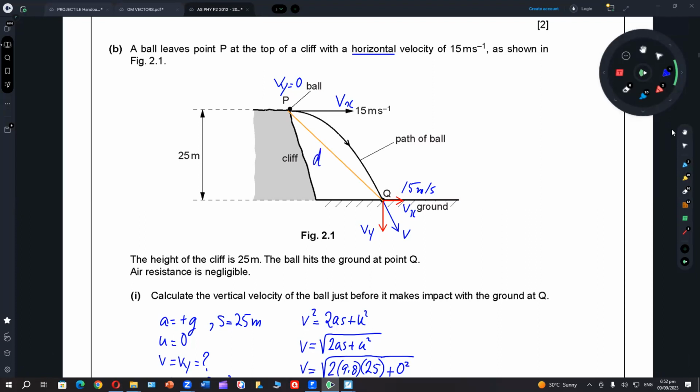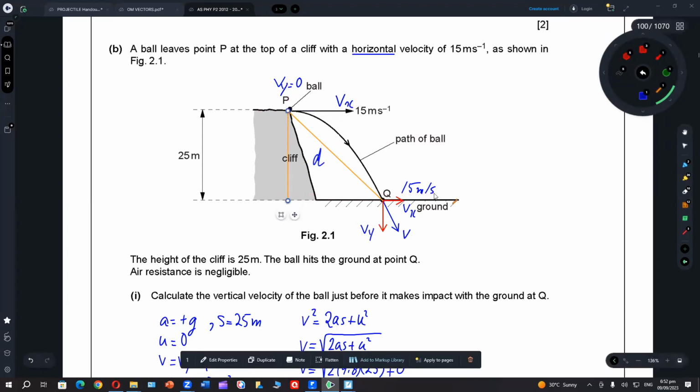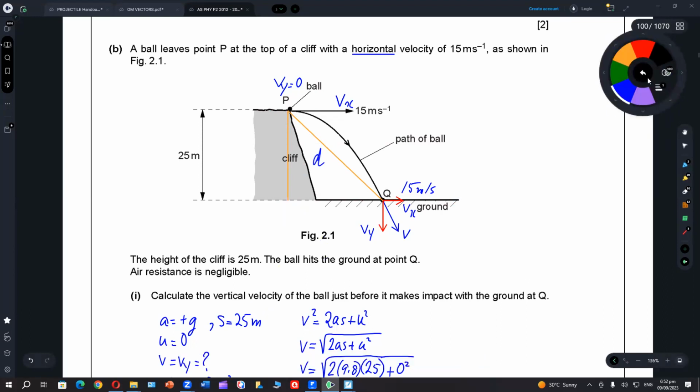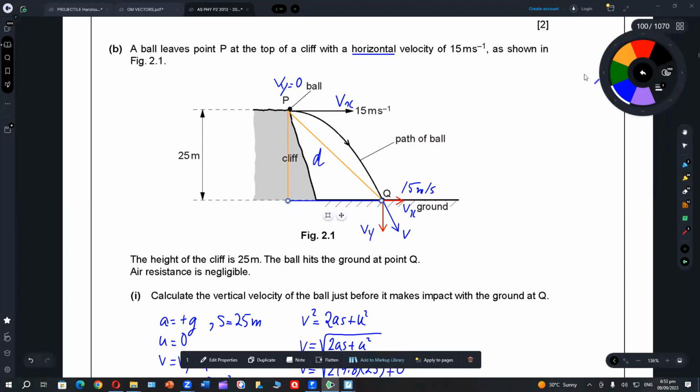Now, what should I do to find it? I have the vertical displacement, and if I find the horizontal displacement, I can make a triangle. If I make a line here, I get a triangle.